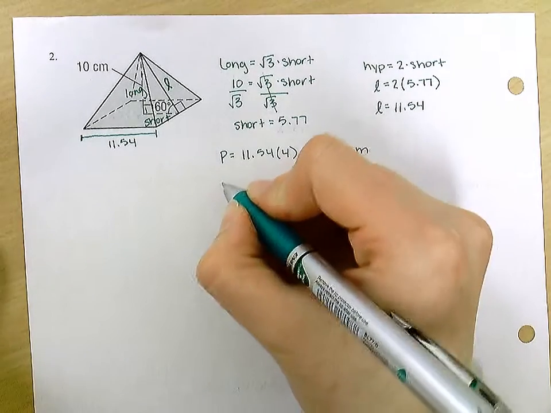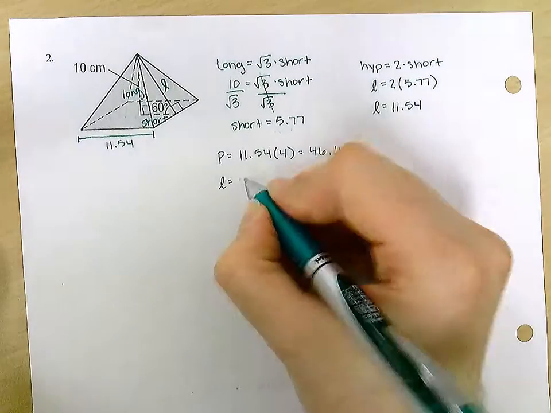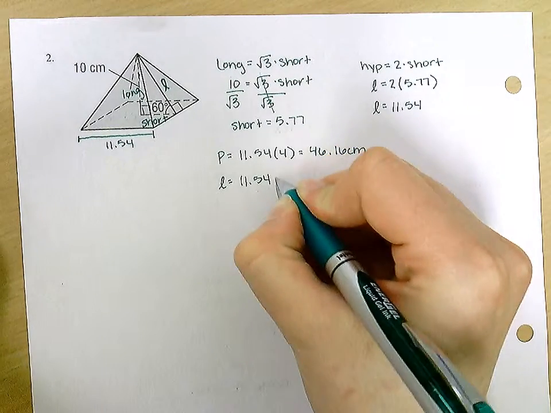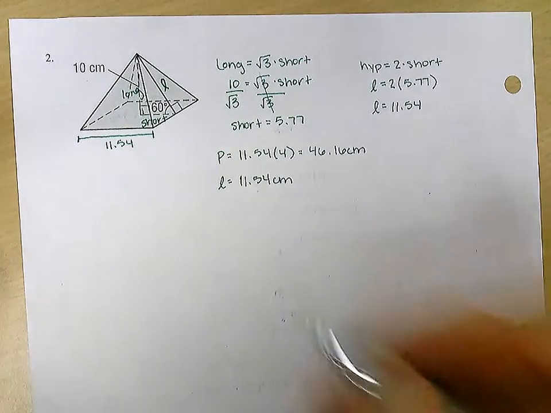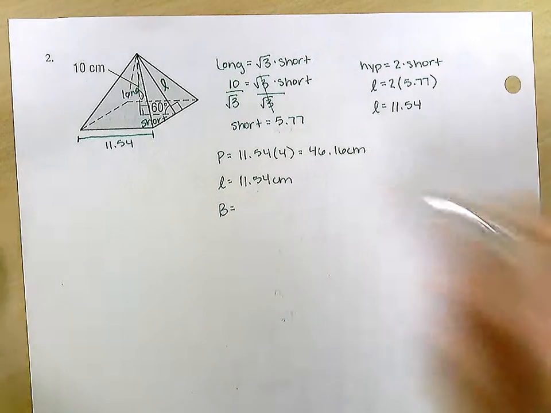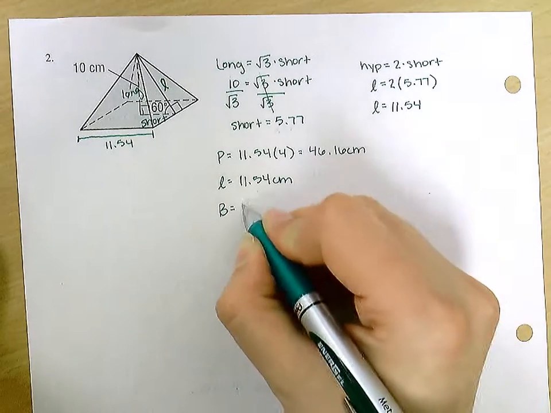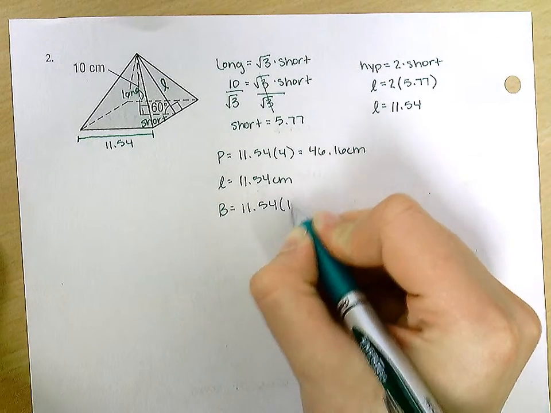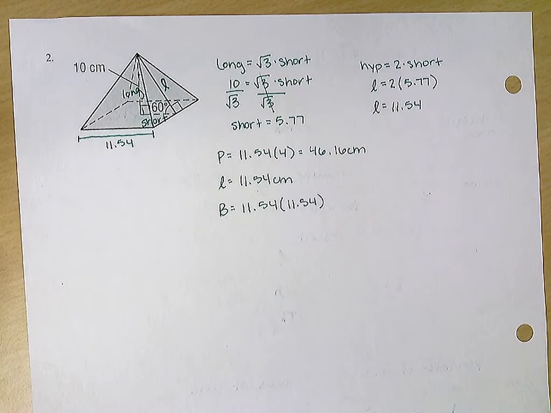Next is my slant height L, which we already found to be 11.54. And then we also need our capital B value, which is the area of just the base. How do I find the area of this base? Since it's a square, we multiply 11.54 times 11.54.